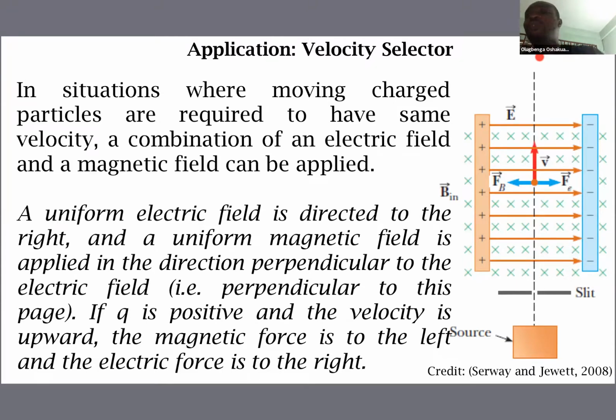Another scenario is when the particle entering into this velocity selector is slower than the desired velocity for which this selector was designed. When it is moving through with a slower velocity, like we know, as I've said umpteen times, magnetic force depends on velocity.